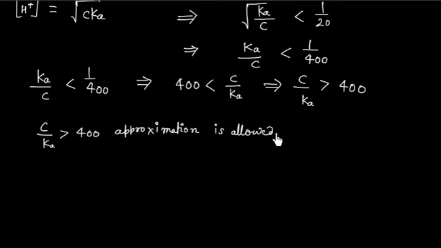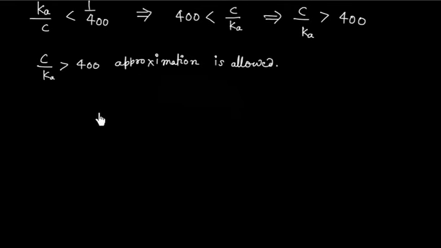Let us do some work. If I have the same acid HF, my C is 1 M and Ka is given to you as 7 into 10 to the power minus 4. Can I do approximation in this case? I need a rough idea. You can check yourself what the value of C by Ka is.